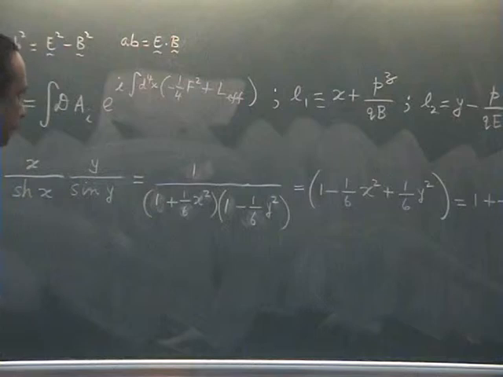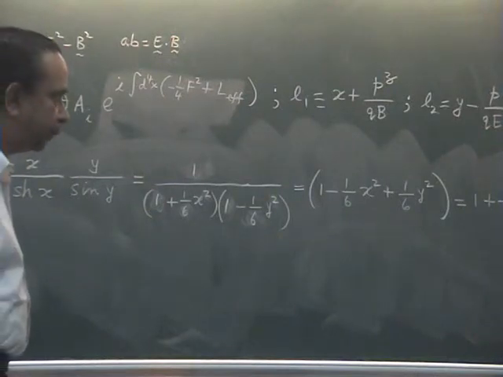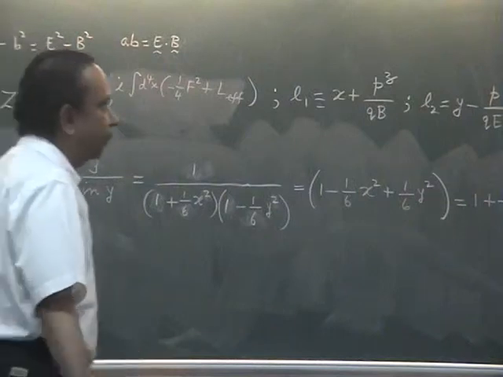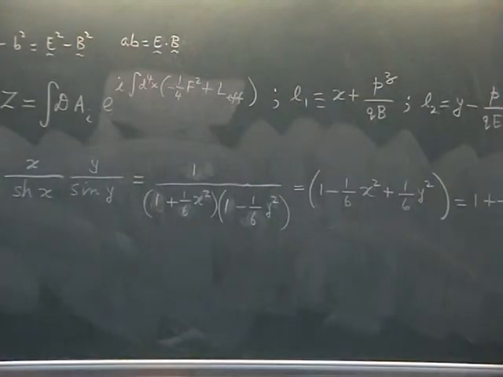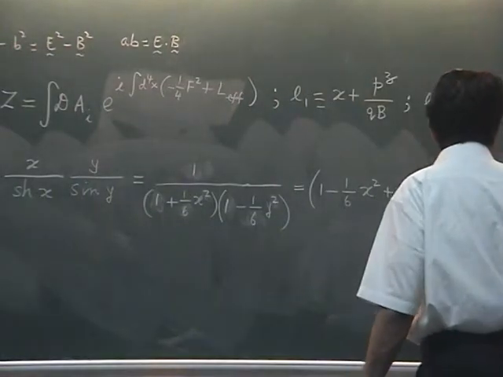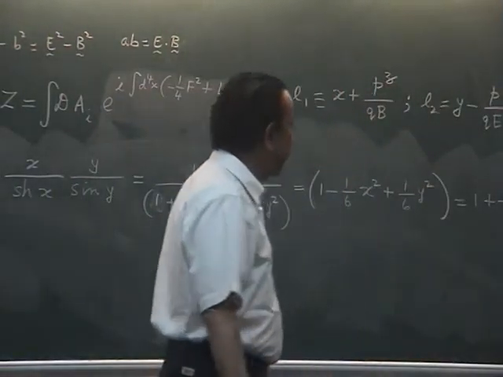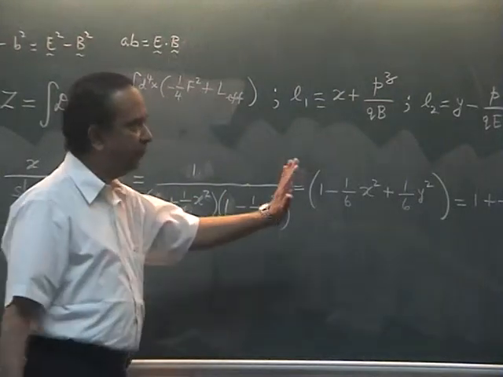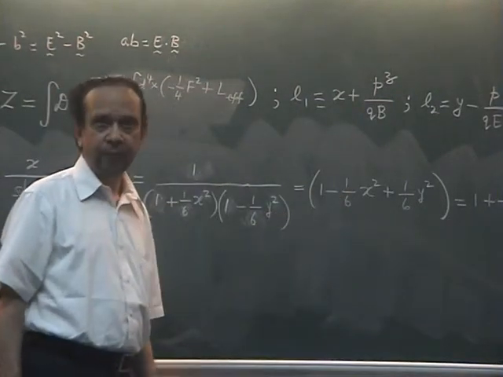Y is from e? No, y is, yeah, that is correct. Y is from e. The sine term has y in it, so it is correct. Okay, so this is going to be e square minus b square. So this is how this entire factor behaves near the origin.